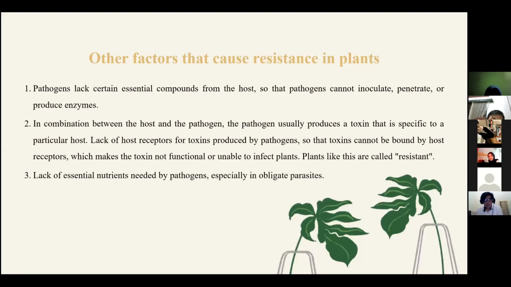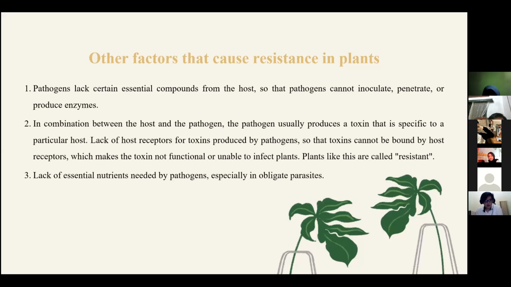Other factors that cause resistance in plants. Number one, pathogens lack certain essential compounds from the host, so that pathogens cannot inoculate, penetrate, or produce enzymes. Number two, in combination between the host and the pathogen, usually a toxin is produced that is specific to a particular host.